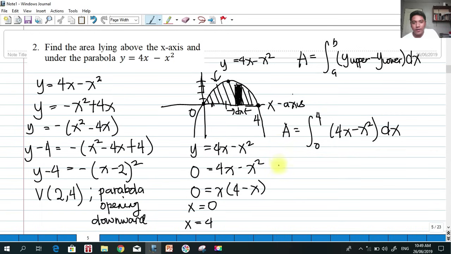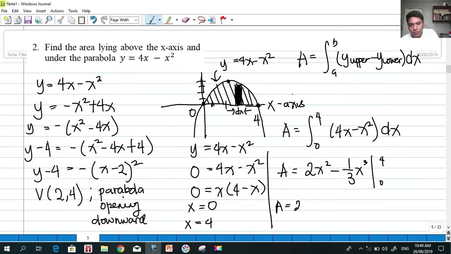Simply, this would be our formula. The area would now be, if we integrate this, first 4x squared over 2, that should be 2x squared, minus 1/3 x cubed, with the limits from 0 to 4. So our area would be 2 times 4 squared, 16, minus 1/3 of 4 cubed.